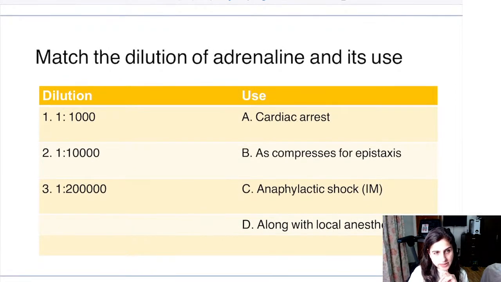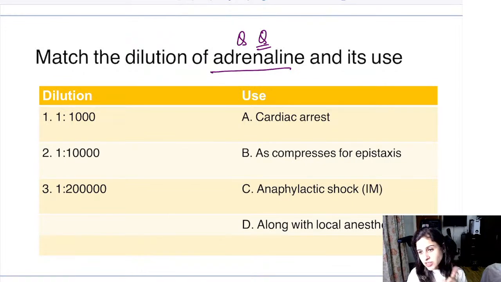Now the next one is: match the dilution of adrenaline and its use. Again, adrenaline is a very, very important topic to know.